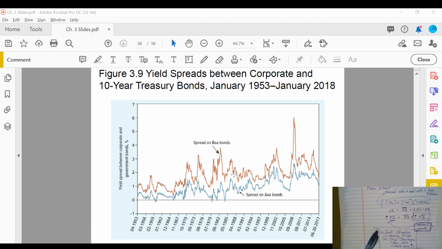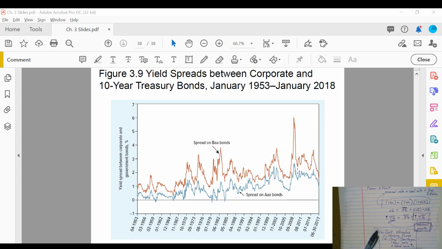When the economy is doing well, what do you see happen? The difference between these two tends to diminish. And then 2008 happens, and look what happens. The spread between the two explodes. The point here is in bad times, it's harder for riskier companies to borrow, because default risk increases.